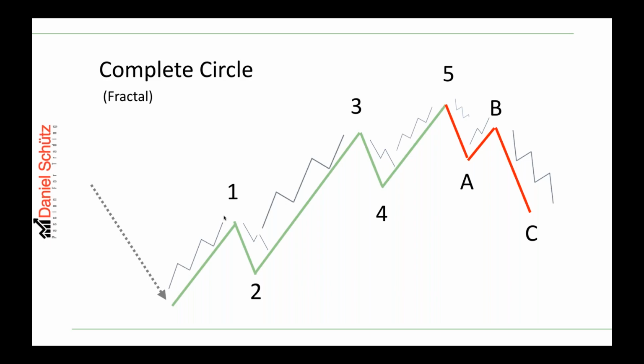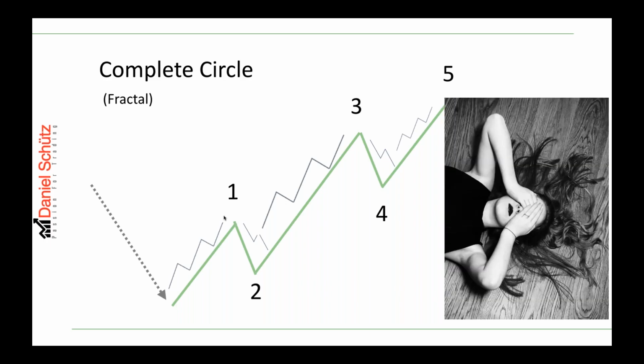So from big picture to the smaller picture to a very small picture, the fractal nature of the markets means that the impulse waves have 5 waves and the correction waves have 3 waves.